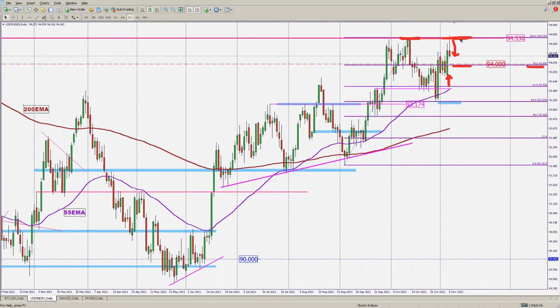So this area 94.50 has been a strong resistance for quite a while.